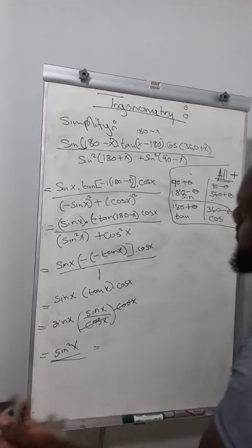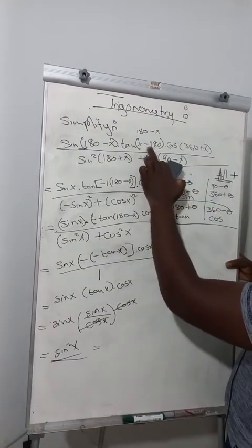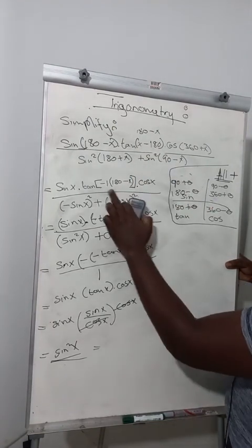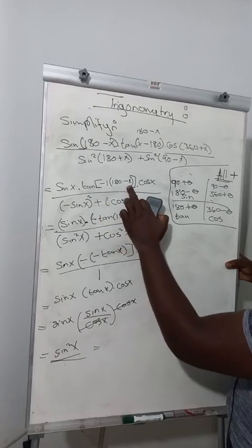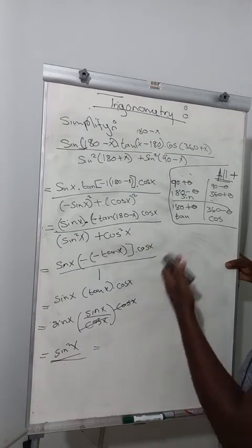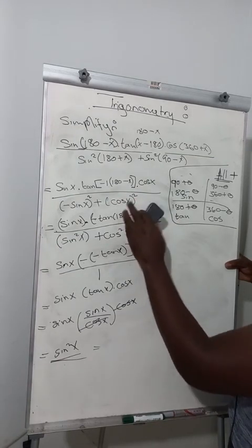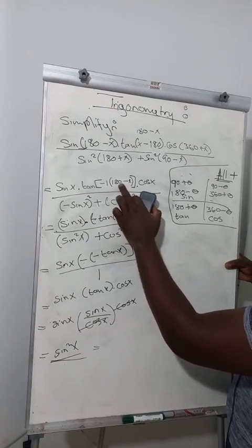So here, don't forget, if you get a situation like this, you need to first remove negative 1 as a common factor, so that it can be a normal reduction situation, wherein you can just identify which quadrant this thing falls within.